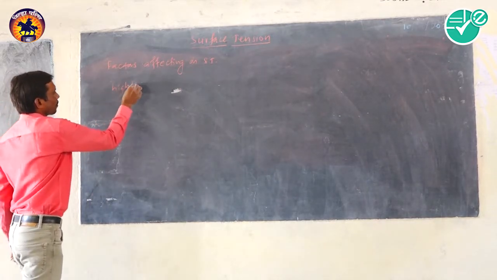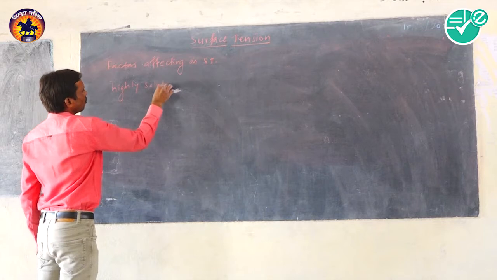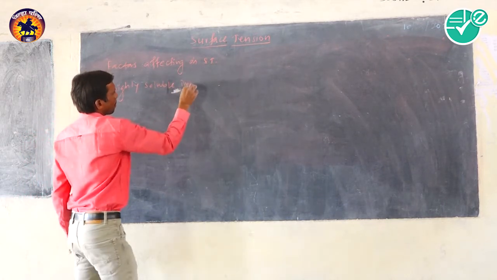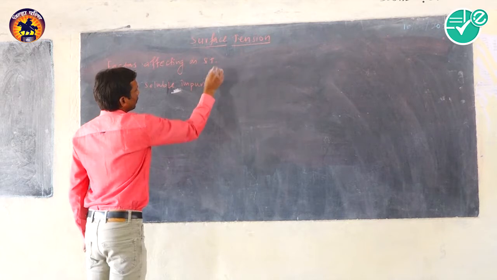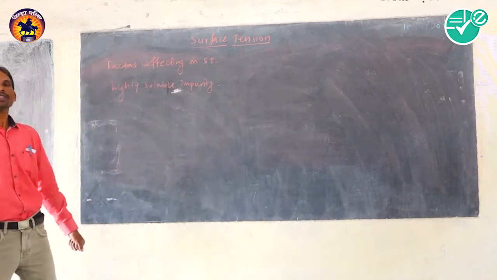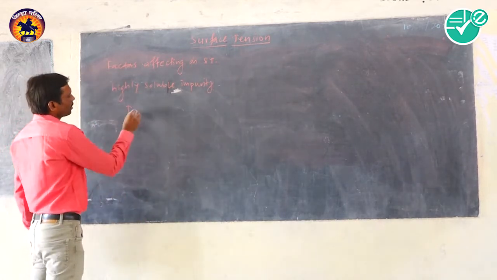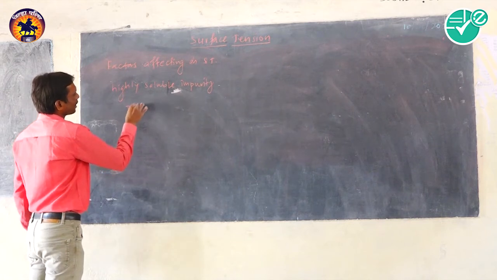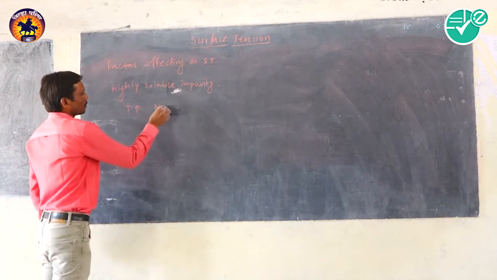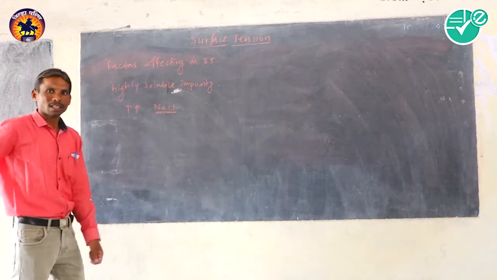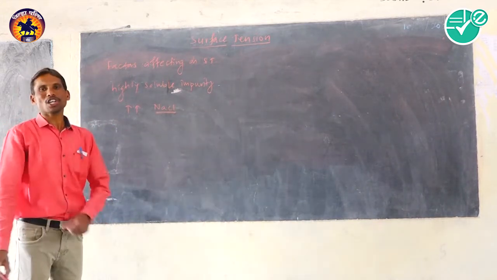What happens when a highly soluble impurity is added in a liquid? In this case, it is found that the surface tension of the liquid increases. For example, sodium chloride added to the water increases the surface tension of that liquid.